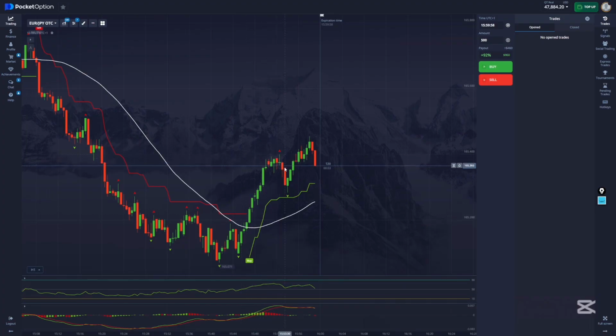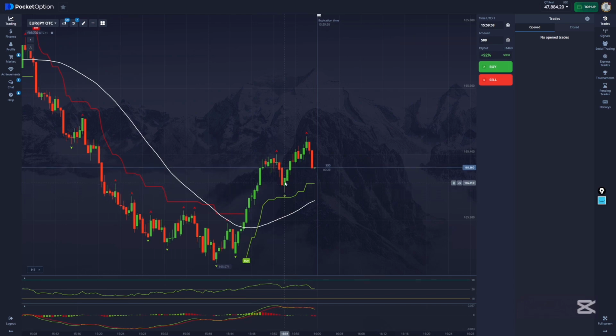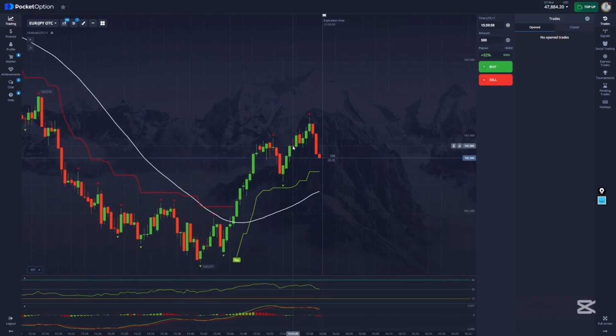If these candles go back down to the super trend and back up, 1, 2, and when the fractal shows on this candle, we should get a trade on this candle. If we lose this one, on the next one we double up. Yeah, that's it, just the next one.